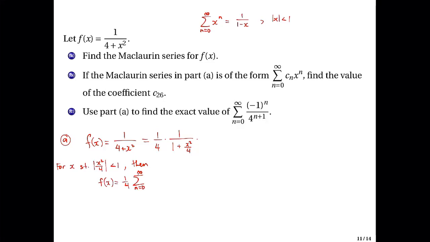And this will be negative x squared over 4 to the n. Or this is the series from n equals 0 to plus infinity, negative 1 to the n, x to the 2n over 4 raised to n plus 1. So this is the Maclaurin series for this function.